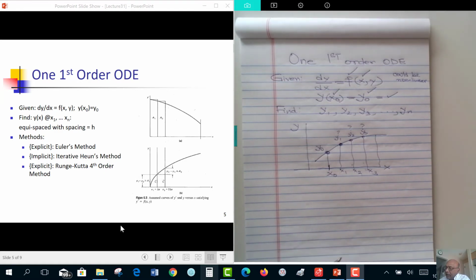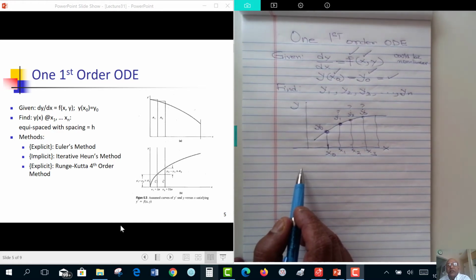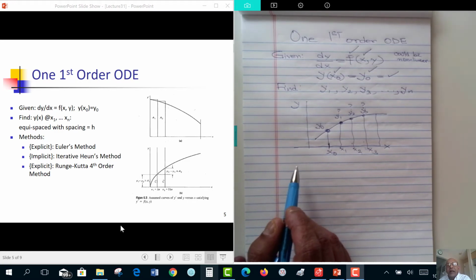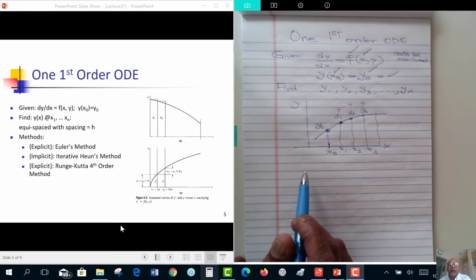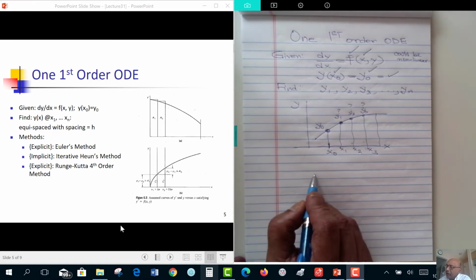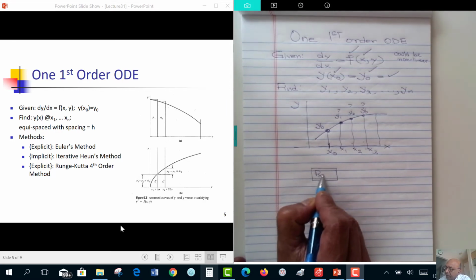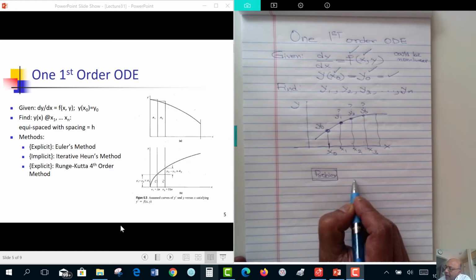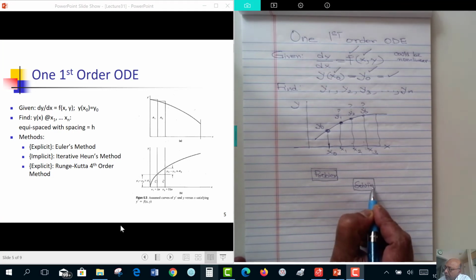Before I move on, I just want to remind you that I am not teaching you analytical techniques for differential equations. On the quiz, you may find a problem such as: given this differential equation, which of the following is the solution? I don't want you to solve it analytically.